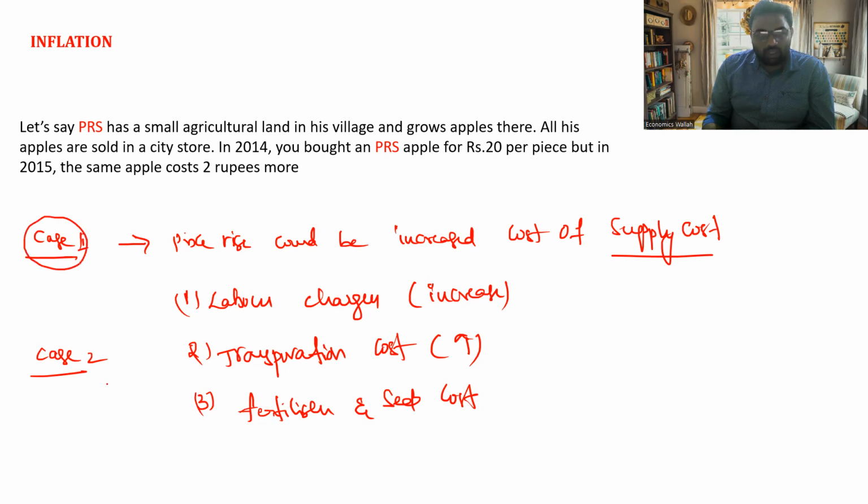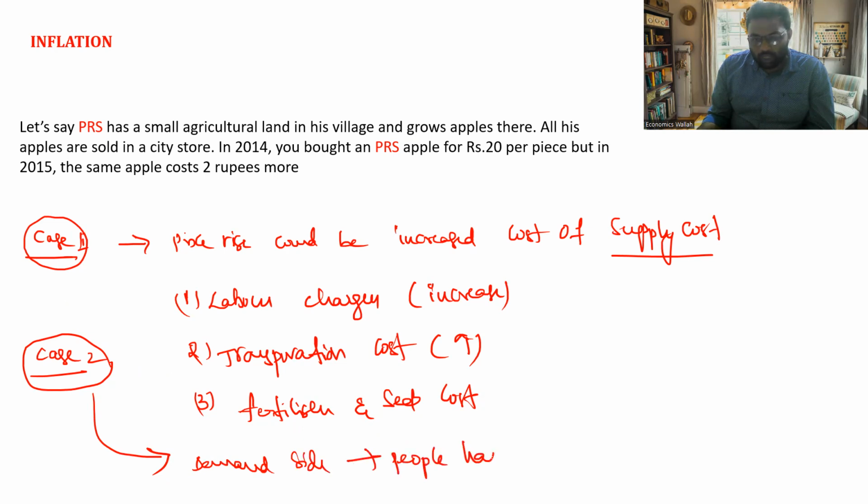Another one is case two. Case two is especially from the demand side. Now people have more money in their pockets and they rush to the nearby shops, demanding goods and services.